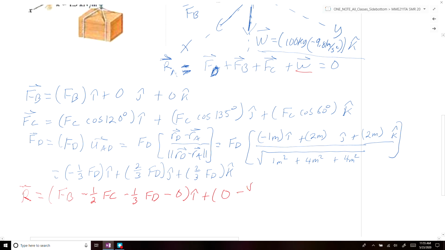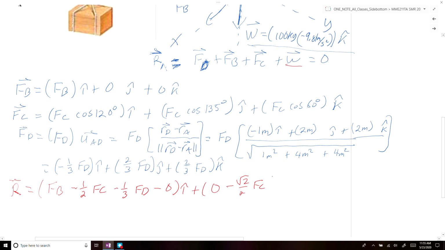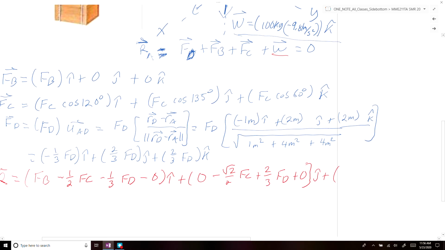So we'll have minus radical 2 over 2 times FC, and then we'll get 2 plus 2/3 FD plus 0, and then that would be J, and then for K we'll get 0 plus FC is going to be equal to 1/2 FC.